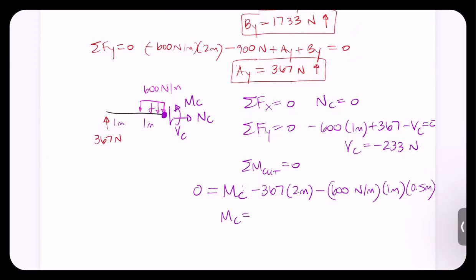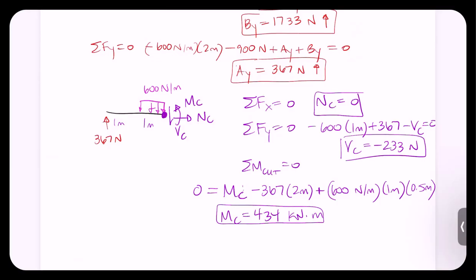So I get MC is equal to 434 newton meters. This should be a positive, because this one is clockwise, that one is counter, so negative and positive. And gets me to that 434. And I got a positive number, so it is correctly drawn.